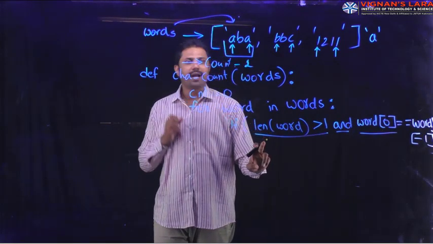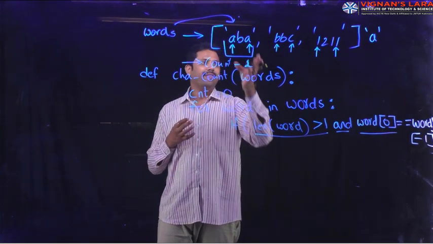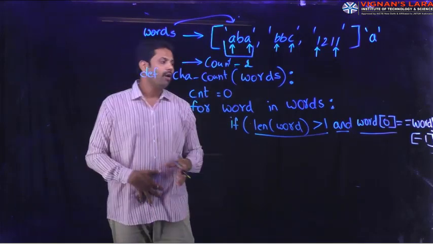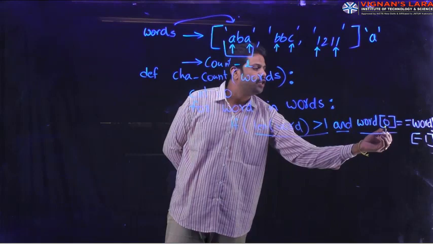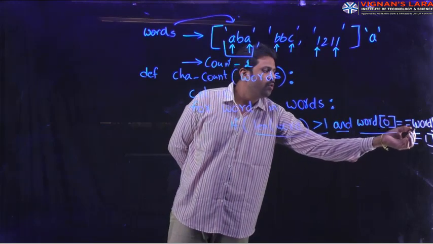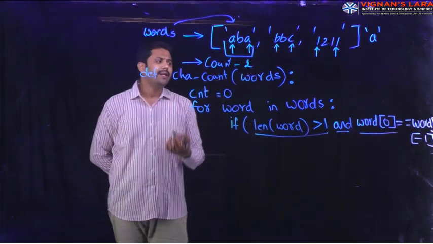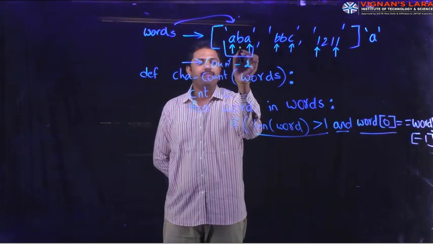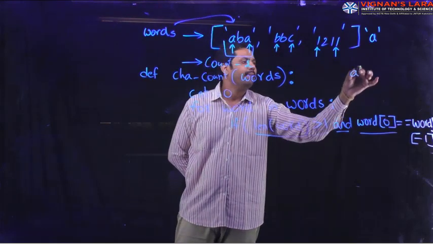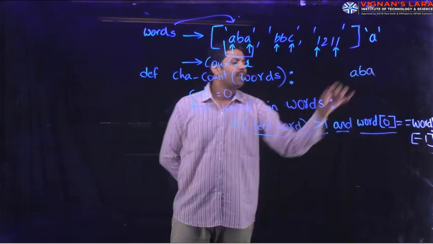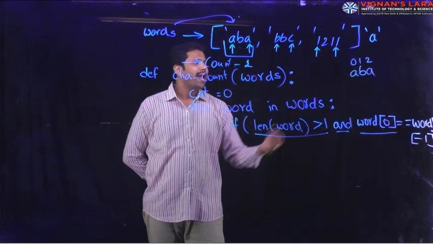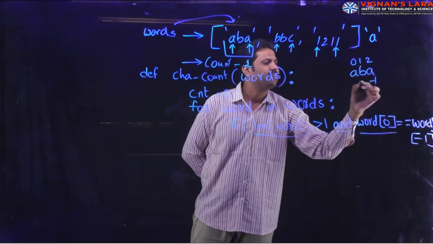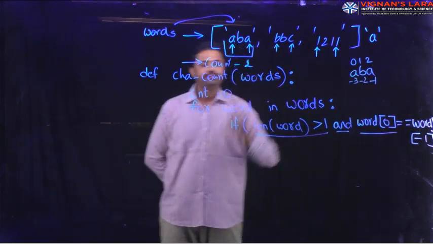First I check whether the length is greater than 1 or not. Next I write the statement: word of 0 is equal to word of minus 1. What is it? For example, let us take the first item A, B, A. Indexing is 0, 1, 2. Next, negative indexing is minus 1, minus 2, minus 3.